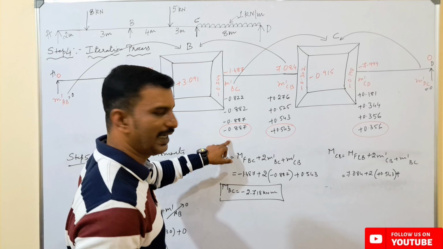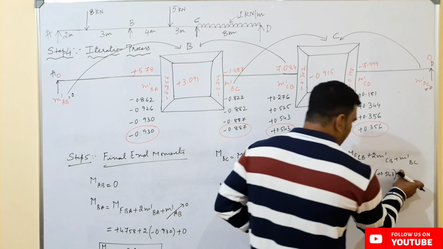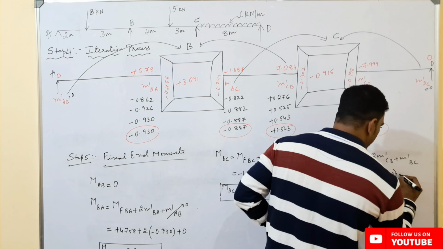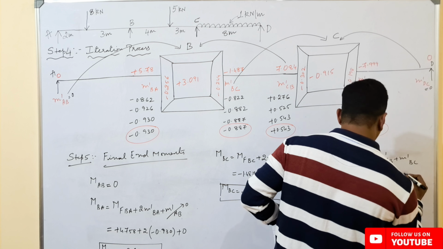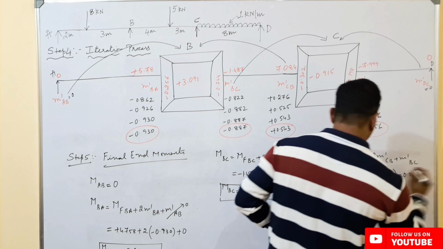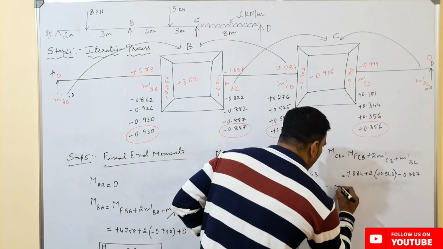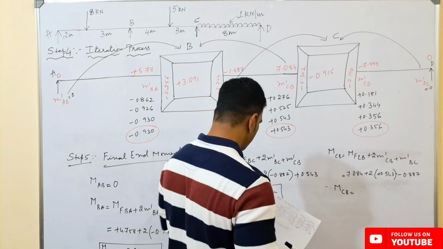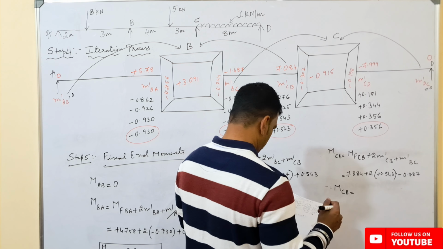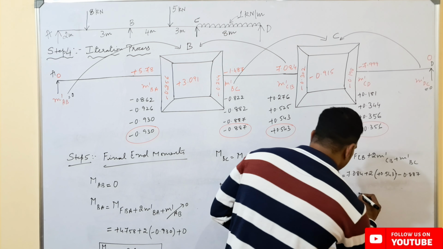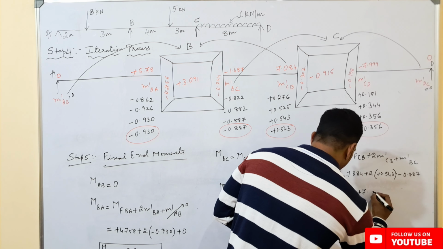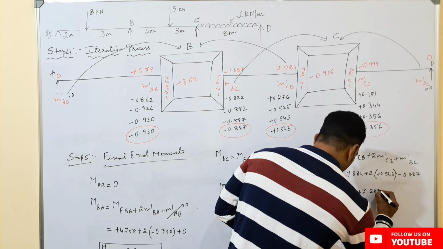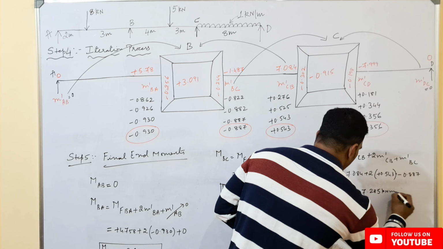It is minus 0.887. That is the far end rotation contribution, that is minus 0.887. So this value, that is final end moment from C to B value, will be equal to plus 7.285 kilonewton meters.